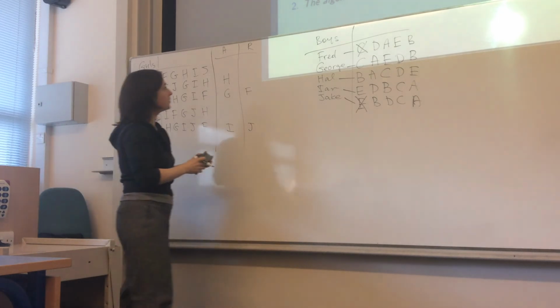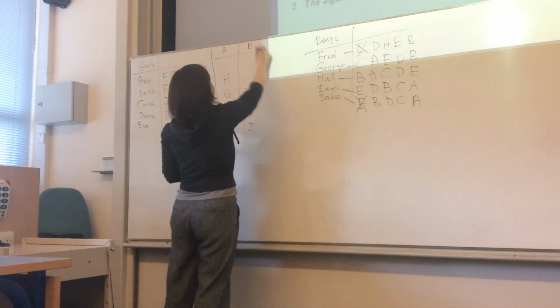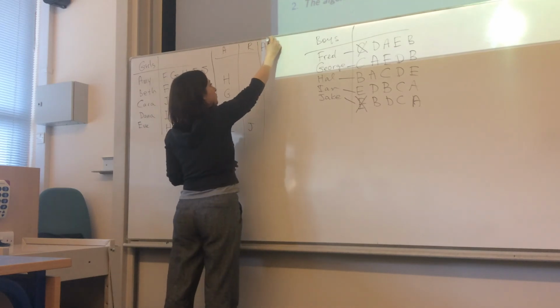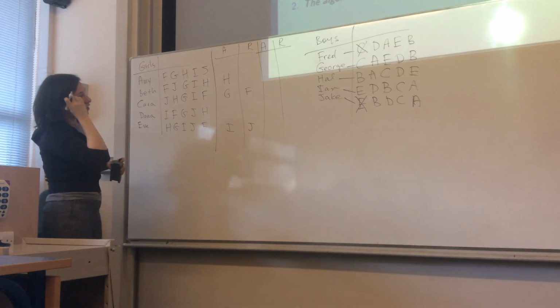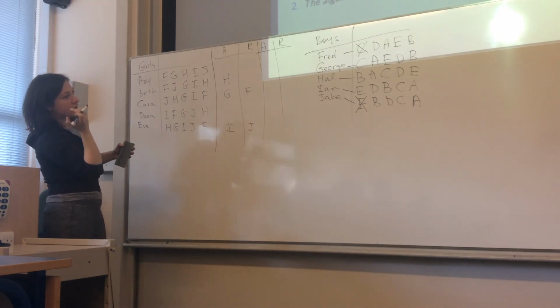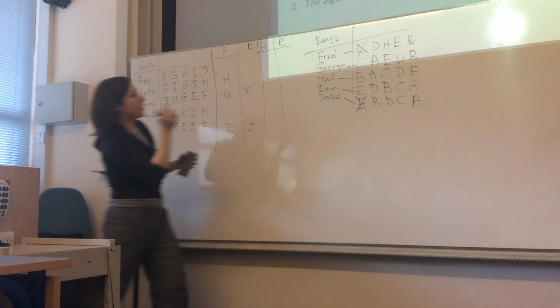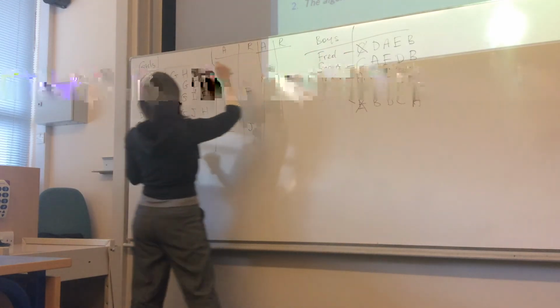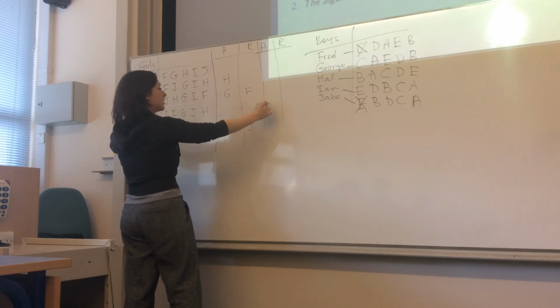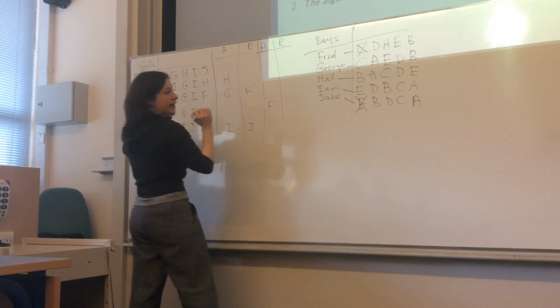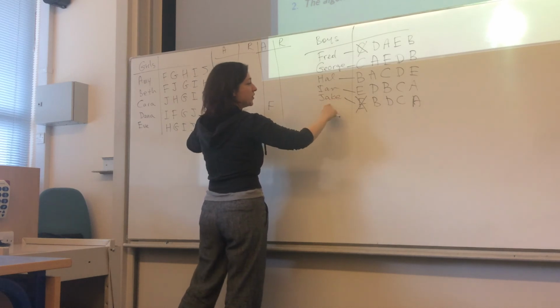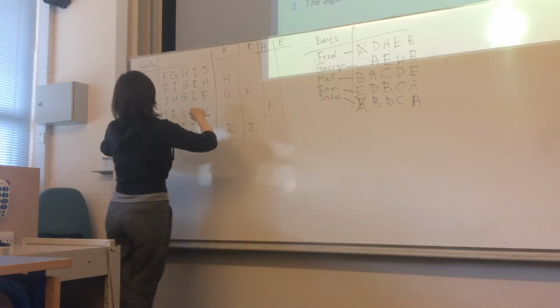So in the next round, they go to different girls now, right? Fred goes to Dana and gets accepted. And Jake goes to Beth.